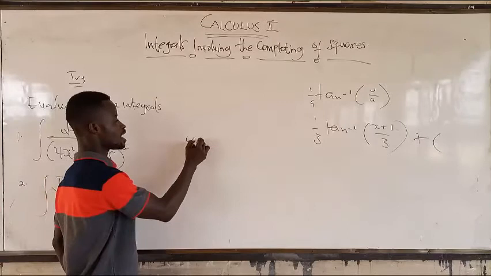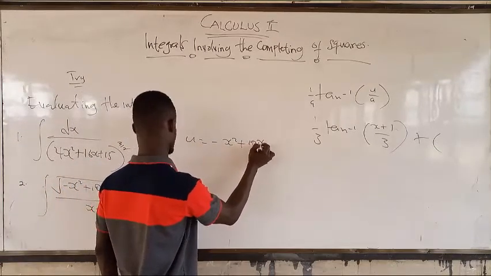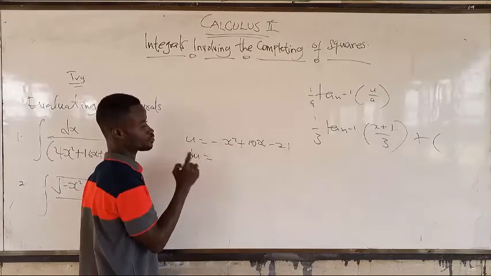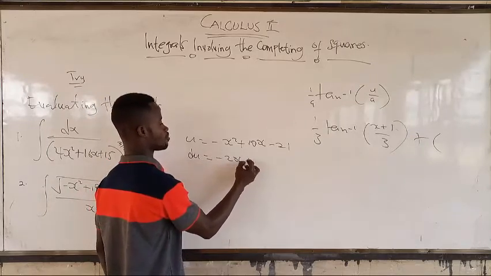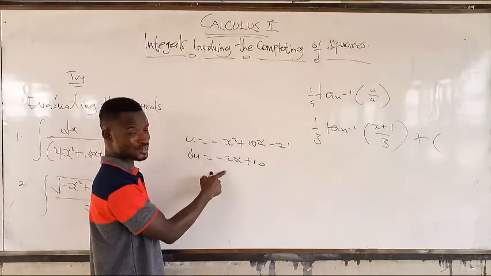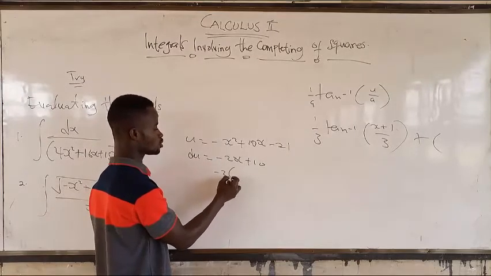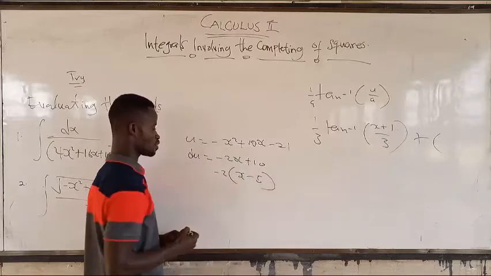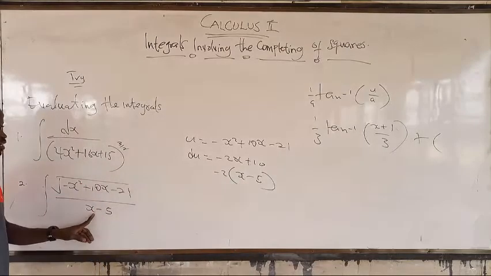Let's look at setting this to be equal to u. When you take the derivative, you get negative 2x plus 10. And when you factorize negative 2 out, you get x minus 5. Wow! And this x minus 5 is exactly what we have here.